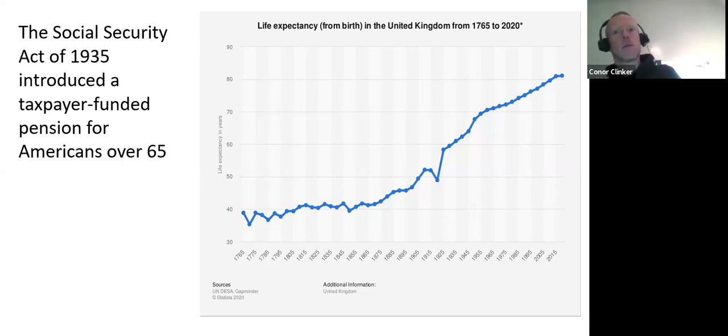And one of the issues we have with Social Security now, so here's how it works in a nutshell. Every dollar you ever earn, 3.5% of it goes into the Social Security fund for you when you retire.